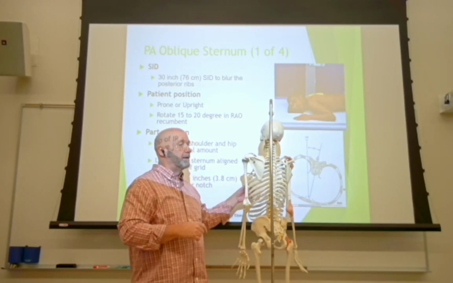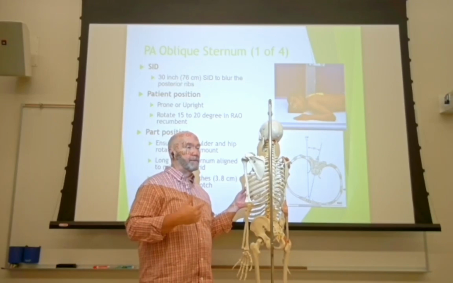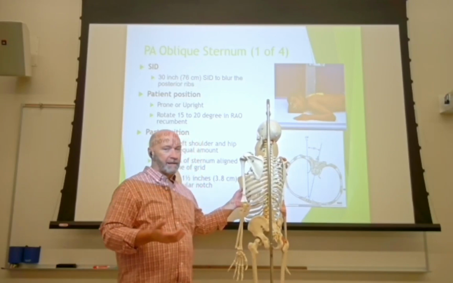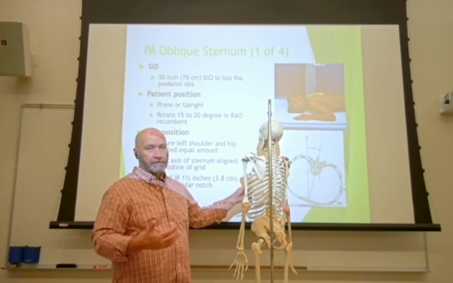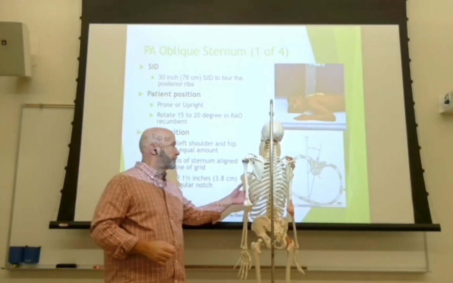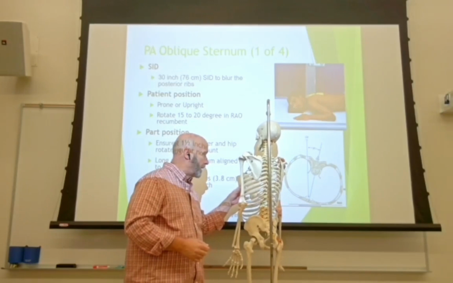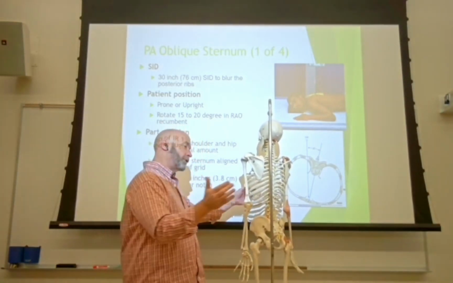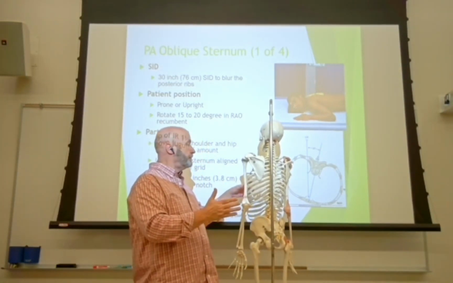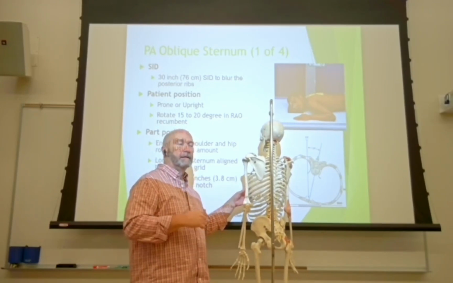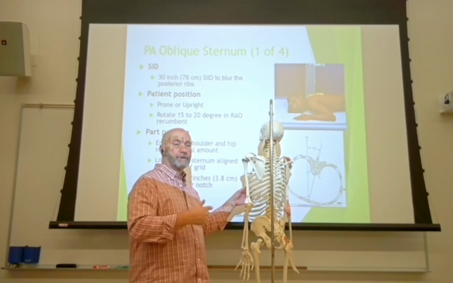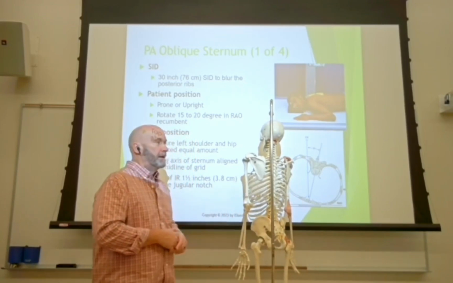Set the center cell. Use a lower KVP, maybe a 70 KVP. And I know that seems like it's awfully low, but you're trying to get a breathing technique for the lungs, so it's going to be difficult to do. So 15-20 degree right anterior oblique, 30-inch SID, breathing technique, center cell, lower KVP, low MA should give you extended exposure time.